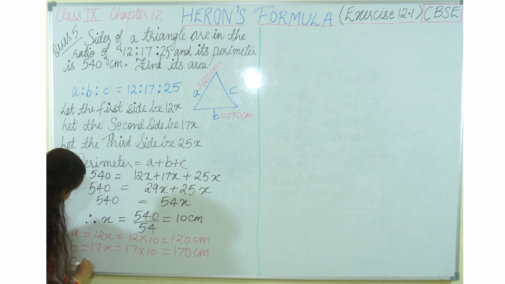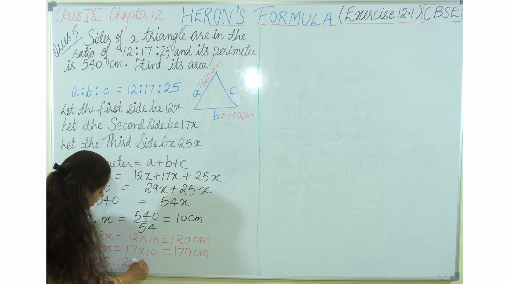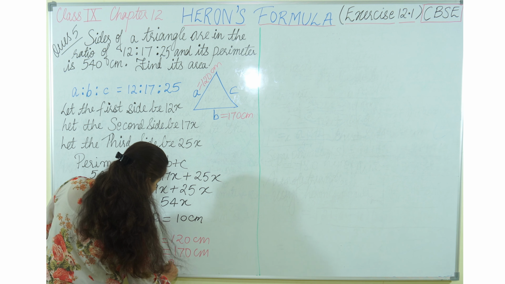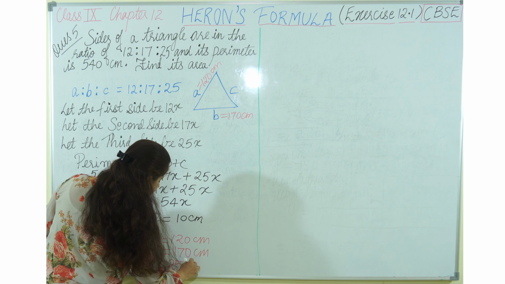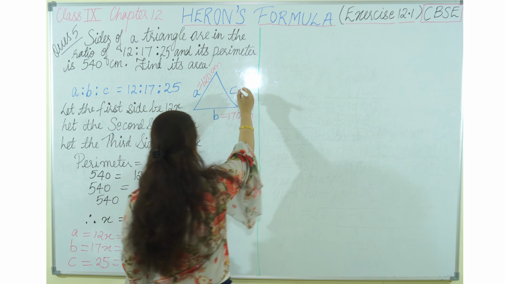Now the third side we have assumed to be 25x. So 25 into 10 will give us 250 centimeters. So the value of C comes out to be 250 centimeters.